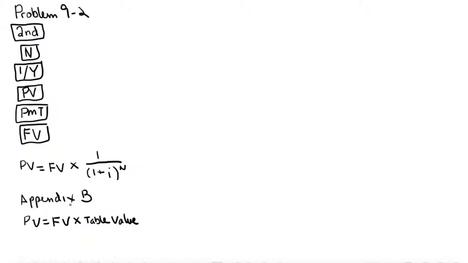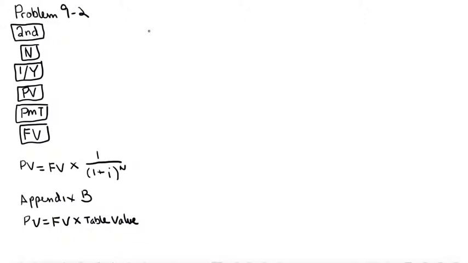There's Appendix A, B, C, and D, and we're calculating present value of $1, and that's on Appendix B. The nice thing about these appendices is that they have already done this part of the math equation and have given us the answer in the form of a table value, so we can just use that table value instead of doing all the math associated with this calculation. So the appendix and the calculator are the most efficient ways of solving these problems, and those are the ones that we're going to be looking at today.